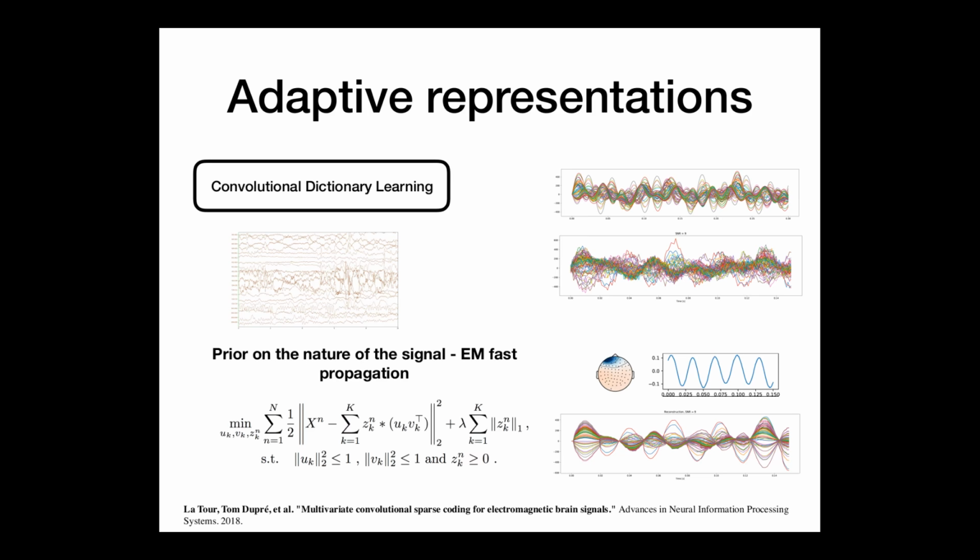The most important aspect here is that in the analysis of neural signals, we know that we probably have one kind of activity that propagates through the entire brain. So it makes sense to impose this as prior knowledge.